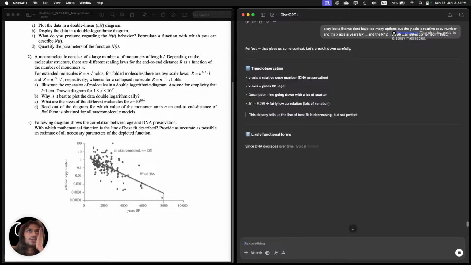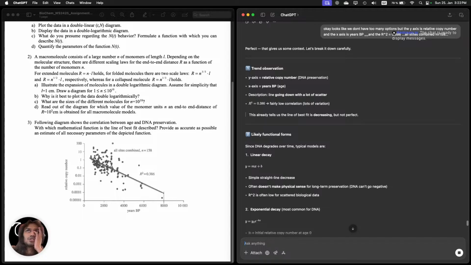This gives us some context. Fairly low correlation, lots of variation.